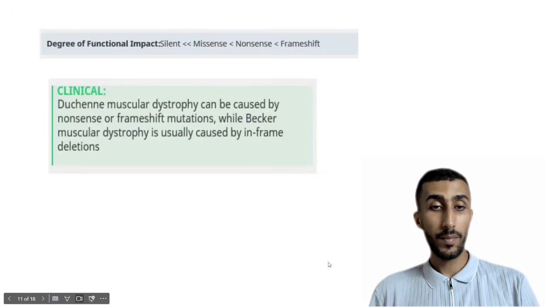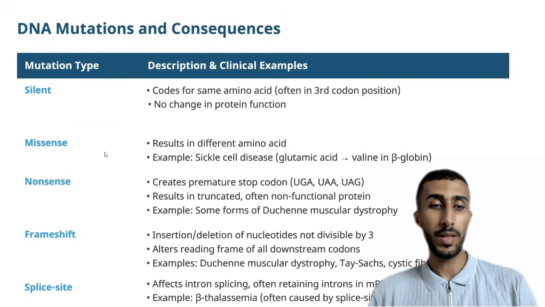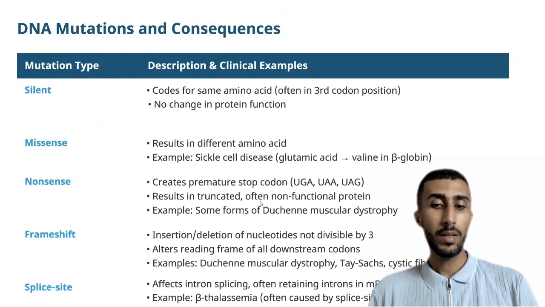So regarding the degree of functional impact, the silent mutation is the least affected. Next is the missense mutation, which is gonna produce another amino acid, such as in sickle cell disease. Next, nonsense mutation is gonna cause a truncated form of protein, such as in Duchenne muscular dystrophy.